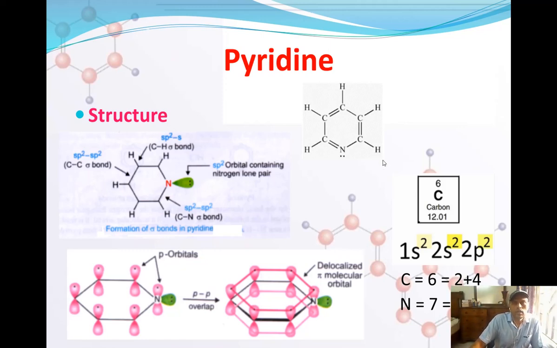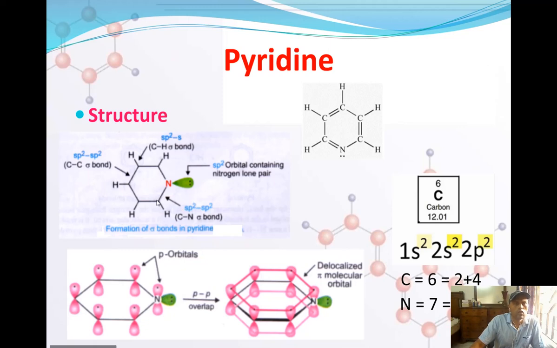Right? In a similar way, nitrogen is also an sp2 hybridized orbital. It has got one more electron than the carbon, so one more electron is going to go with the sp2 hybridized orbital. So there will be one extra electron in one of the sp2 orbitals. So all these sp2 orbitals, as you can see here, let me bring up the pen here.